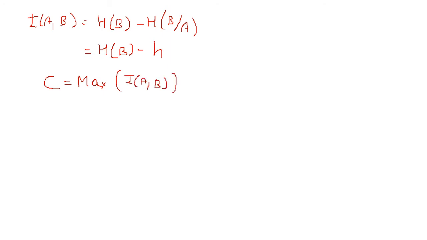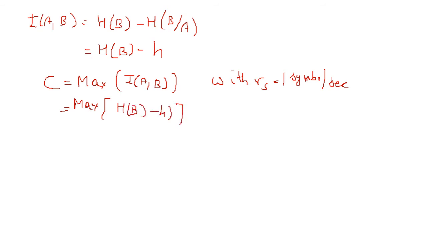So it should be the maximum value, and we are going to take Rs equal to 1 symbol per second. So what is I(A,B)? It is H(B) minus H. Now we cannot take the maximum value of a constant value, so it is max of H(B).